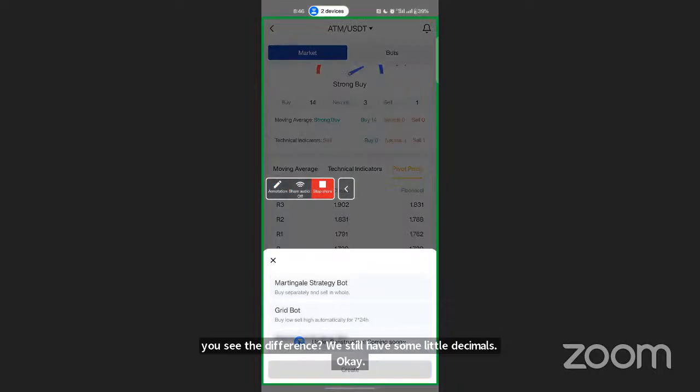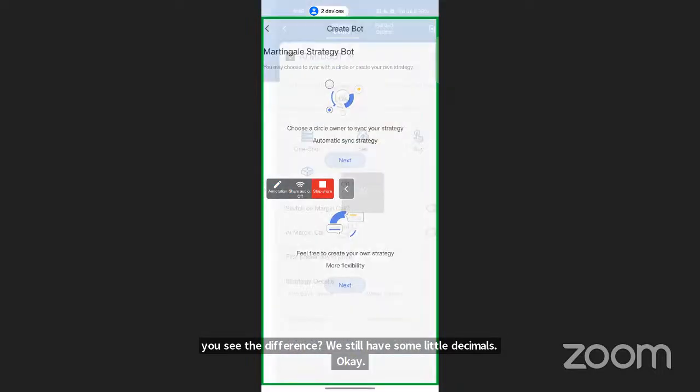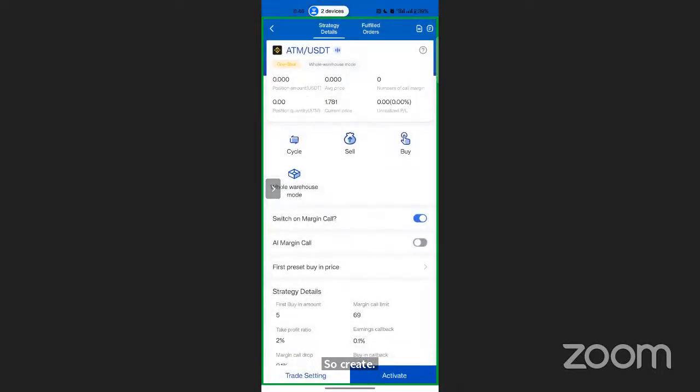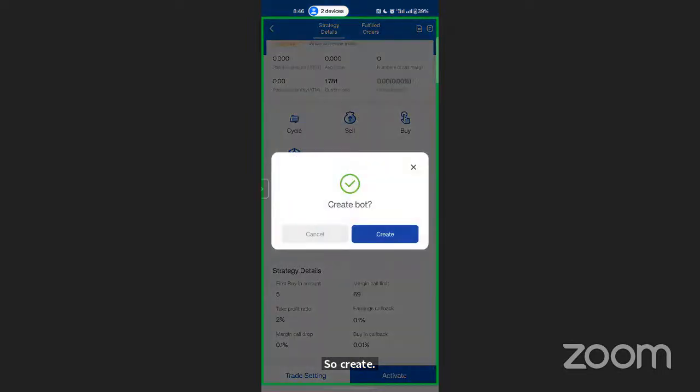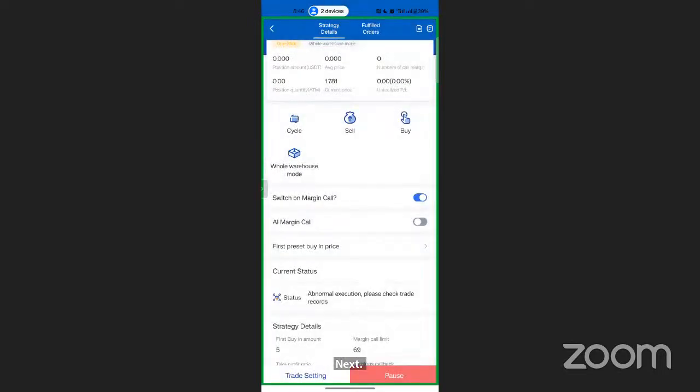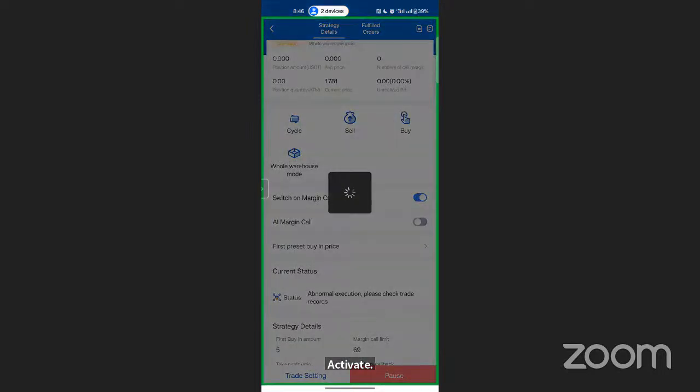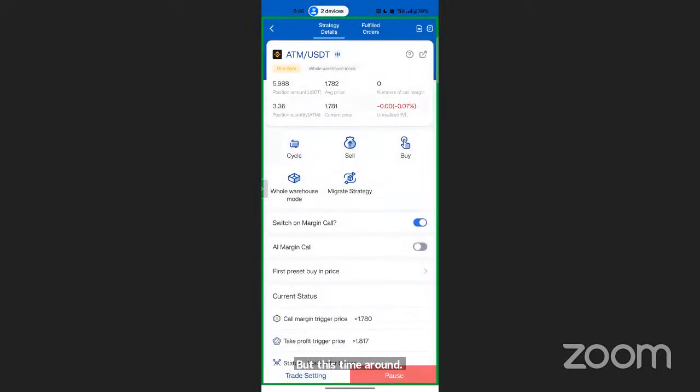So create. Next, activate. But this time around, abnormal execution. Now, this time around, we want our robot to buy at that price. But the money here is very little.